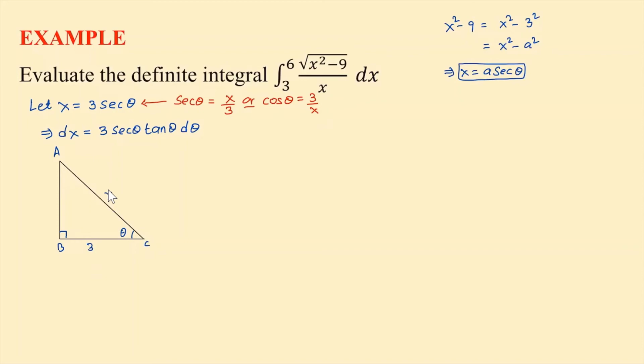Now using the Pythagorean relation, we are going to find the missing side of the triangle. The third side will be square root of x squared minus 9. Now we'll be using this information to make the substitution for the given integral.